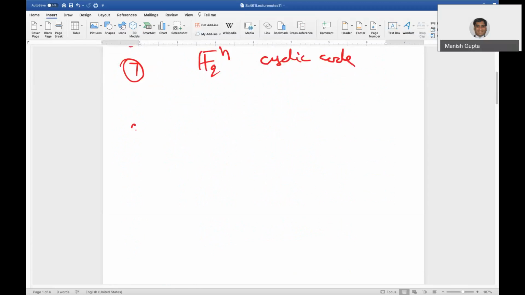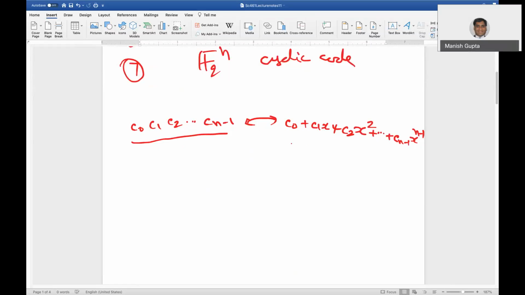If you take C0, C1, C2, ..., Cn minus 1, we assign a polynomial here, C0 plus C1x plus C2x squared plus ... plus Cn minus 1 x raised to n minus 1. To each code word, we assign a polynomial like this.